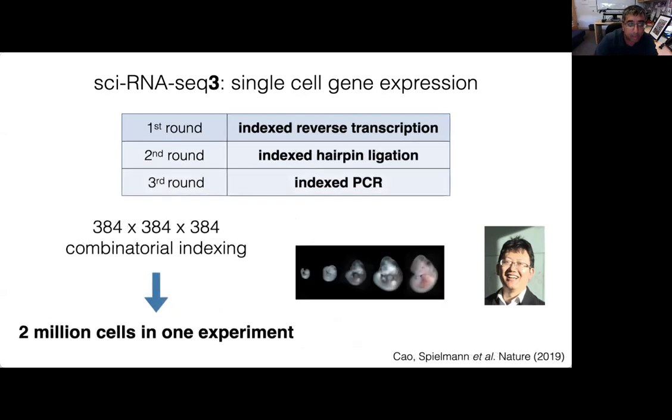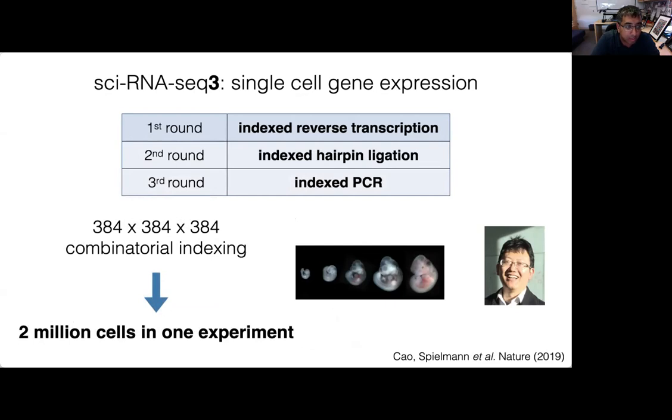But Jun, teaming up with Malte Spielmann, a postdoc in the group who's now got his lab in Berlin at the Max Planck, turned their attention to the mouse. And also, Jun developed a 3-level version of this sci-RNA-seq protocol. And it's really when you get to 3 levels that the exponential aspect of the paradigm really starts to shine.